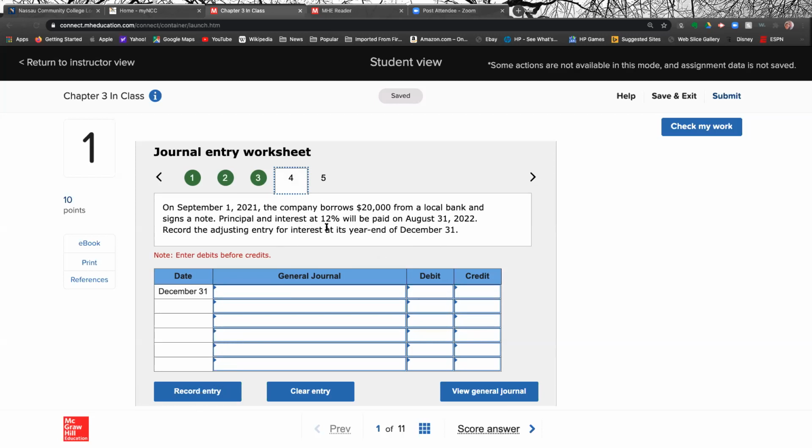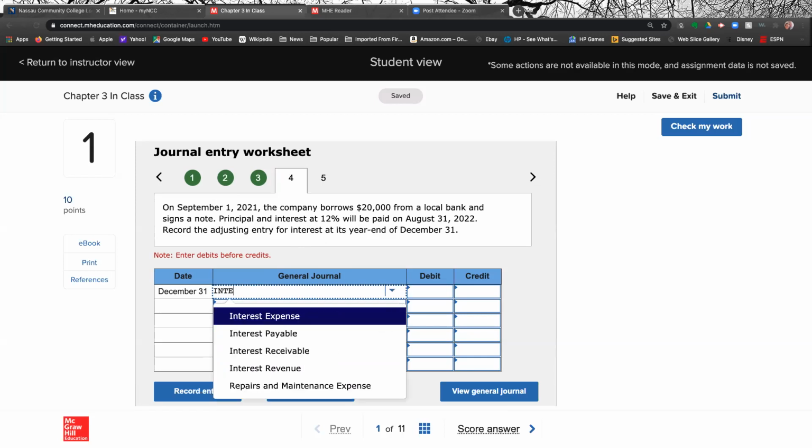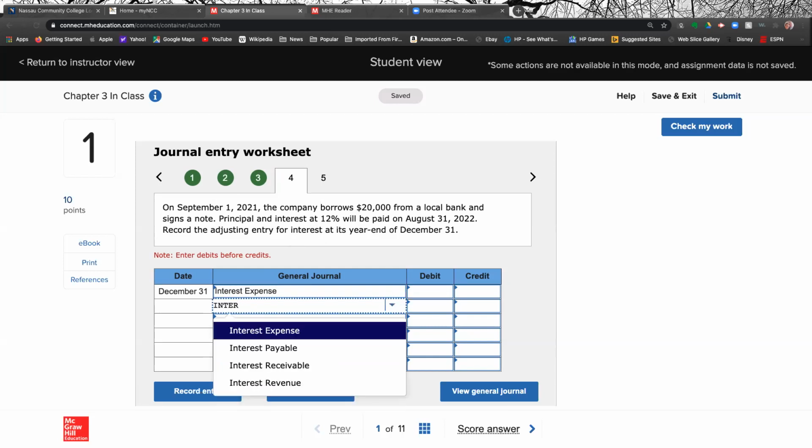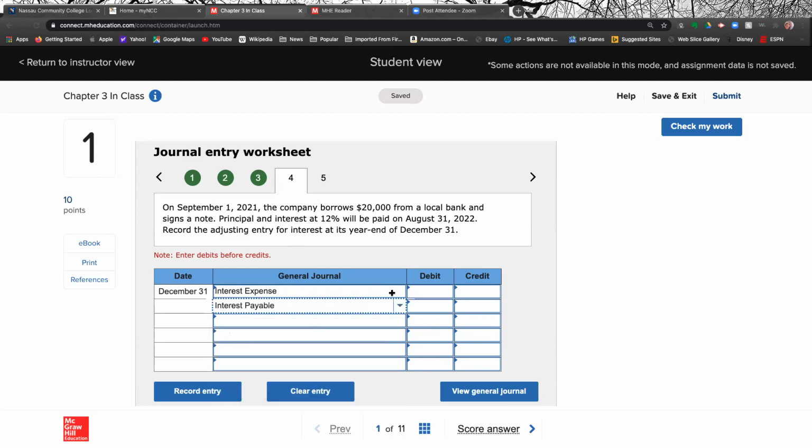Principal and interest at 12% will be paid a year later. Record the adjusting entry for interest at the year end. Now remember, when you see that word borrow, that's interest expense. Debit interest expense, credit interest payable.